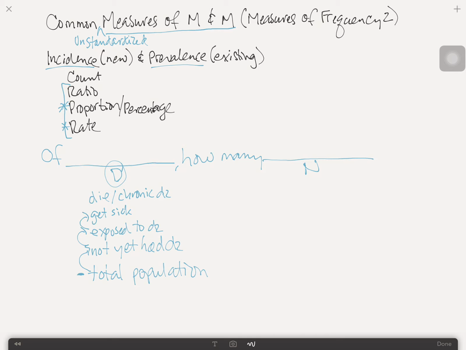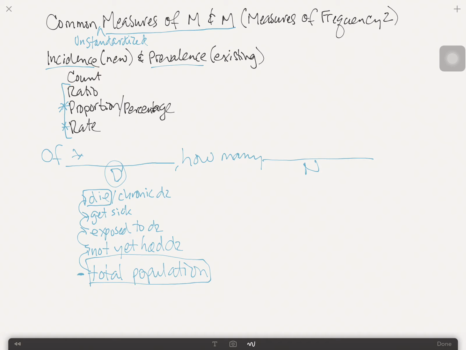And what we do then is we pick a subpart and we pick a denominator. So for example, we could say of the total population, and that's our denominator then, what proportion die in a given year? And that's called our crude mortality rate. So how many die?